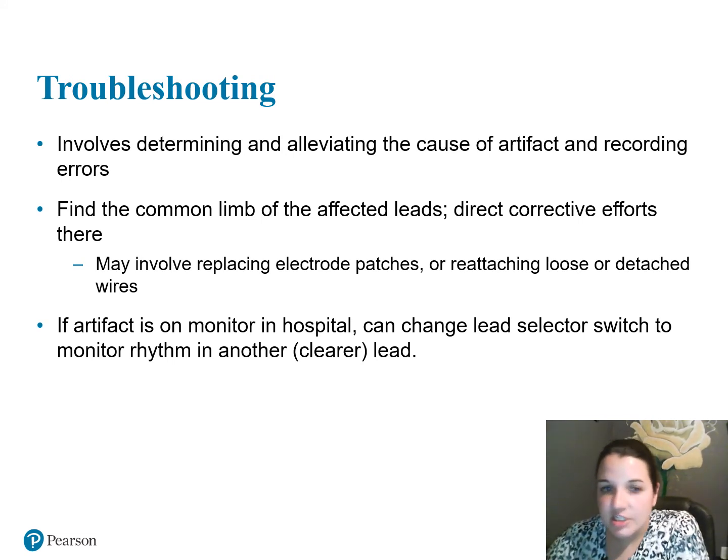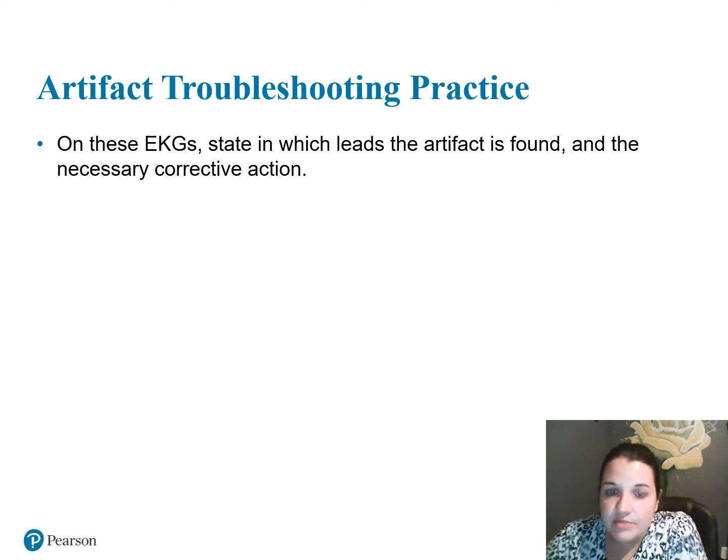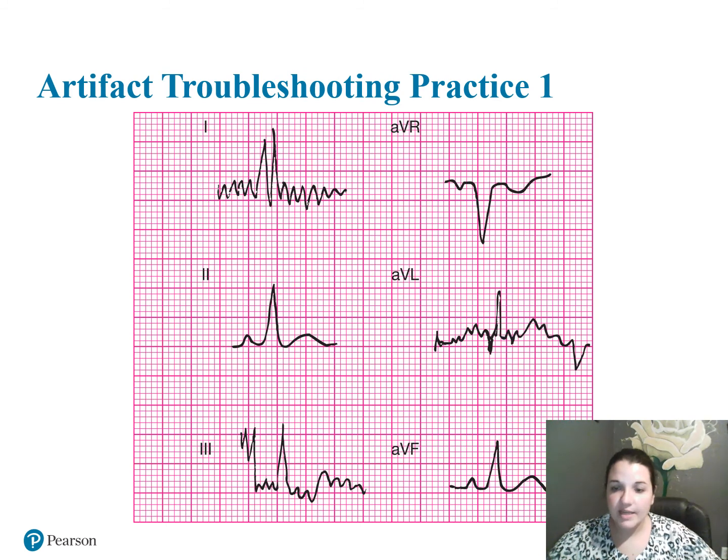So this is actually kind of fun to do. On the following EKGs, we're going to state in which leads the artifact is found and what corrective action is necessary. Okay, so let's practice and troubleshoot. We're going to see which leads look normal and which ones look like there may be an artifact.